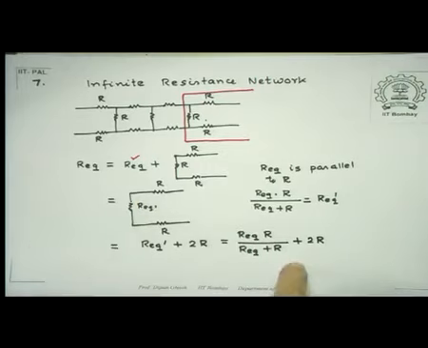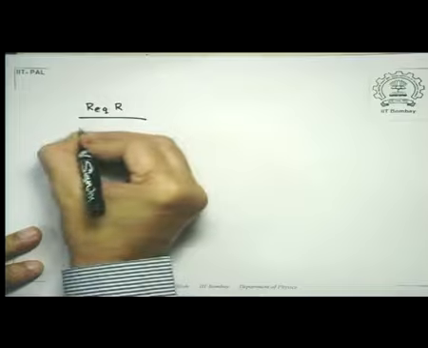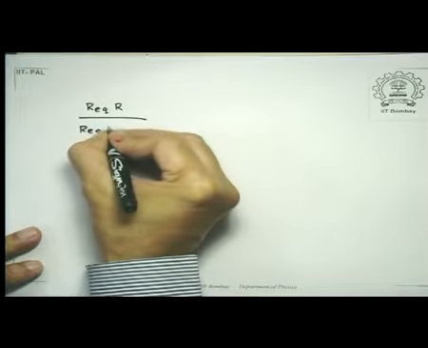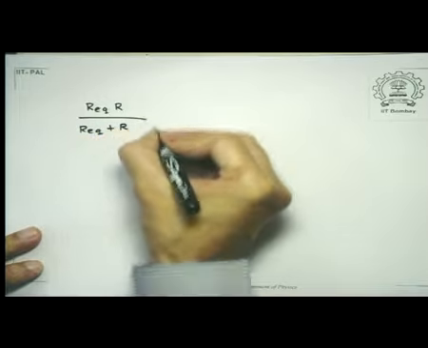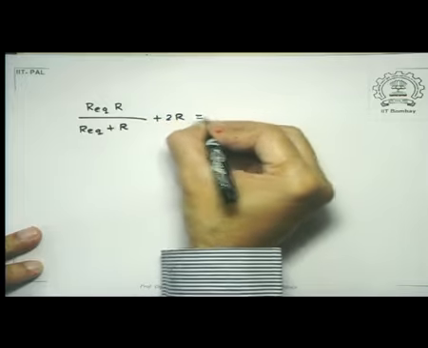Now if you solve this, this leads to a quadratic equation. So let me write down Req prime, Req R divided by Req plus R in the denominator. I have to add this to 2R and that's equal to Req.